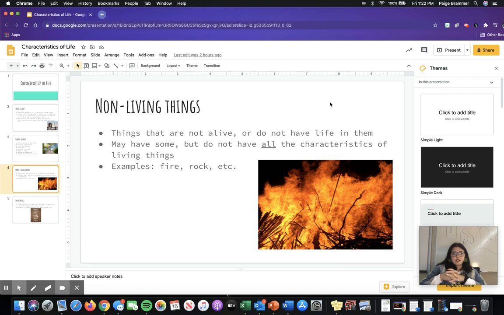It can grow and reproduce in a sense that it spreads. So some people may try to argue that fire is a living thing because it has some of those characteristics. But just because it has some does not mean that it has all. And in order to be a living thing, you have all of those characteristics that we just talked about.